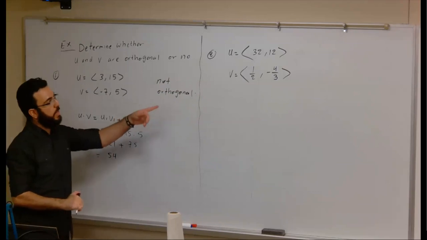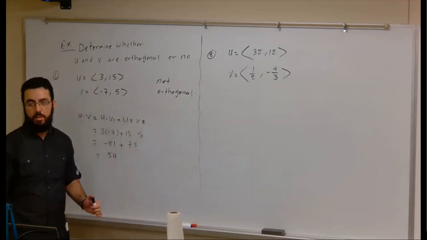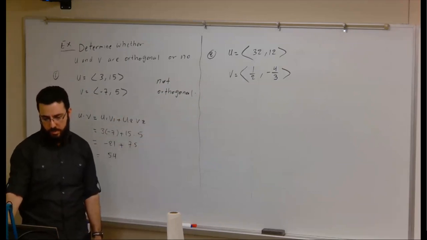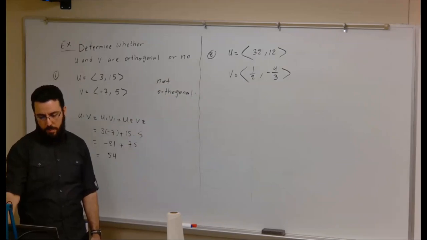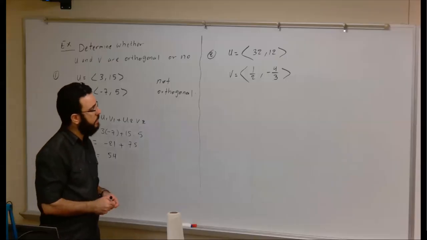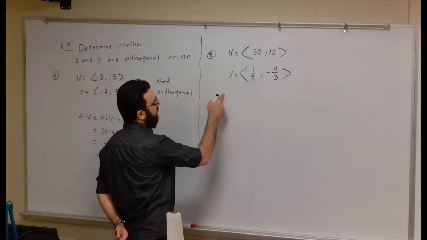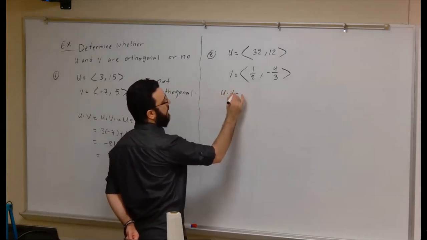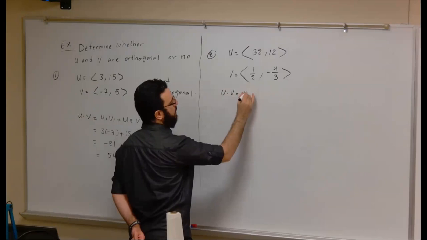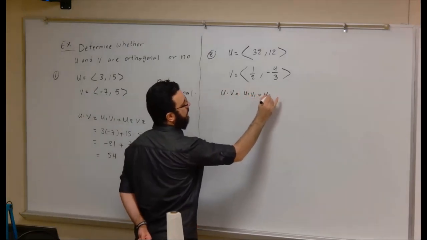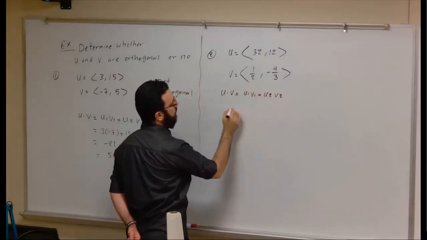Can I do the same thing with the next one? Tell me, is it going to be orthogonal? To find out if it's orthogonal or not, I'm going to do the dot product. U and V, that means U1 V1 plus U2 V2.